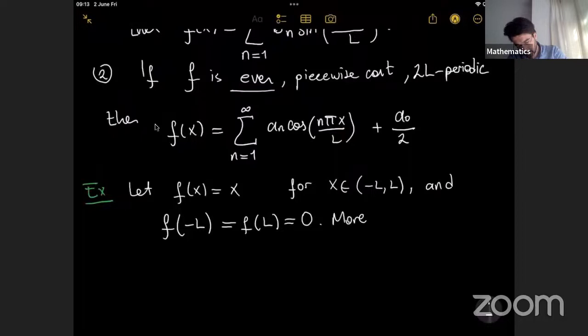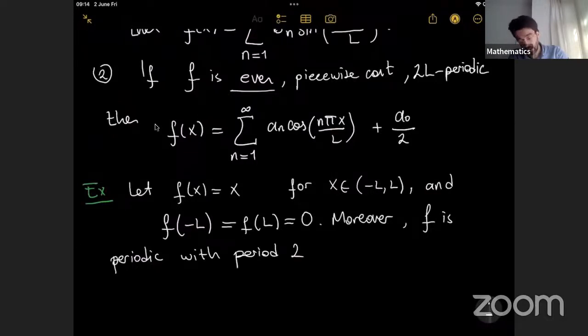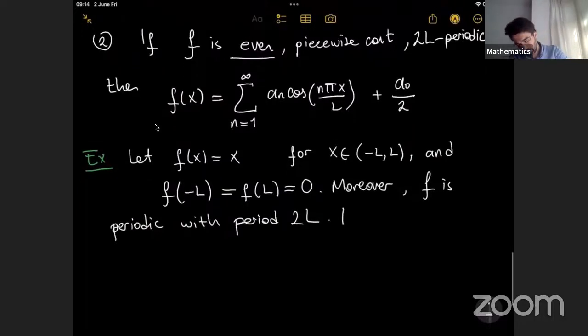Moreover, f is periodic with period 2L. Okay, so it has a period 2L, and let's find the Fourier series of f.